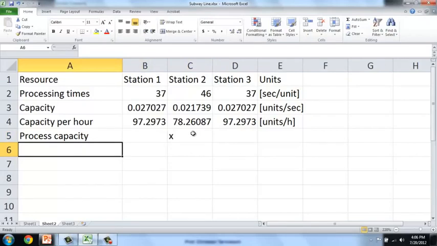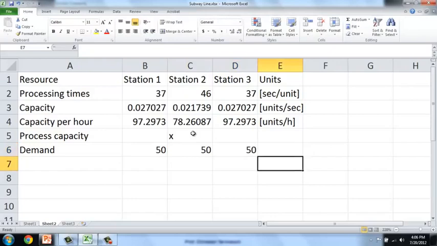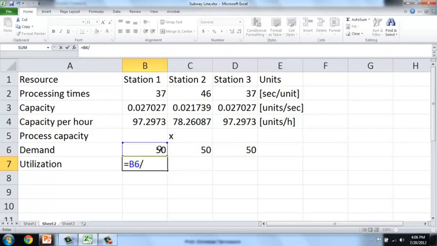Let's say, for sake of argument, that we have a demand through the process of 50 units per hour. With 50 customers per hour, we can then compute a utilization of, remember the definition, we are dividing the flow rate, in this case it would be demand, flow rate divided by the capacity, which gives us a utilization of 51% at the first station.